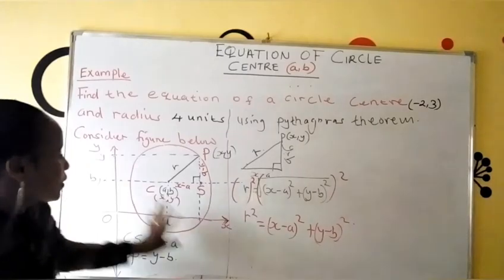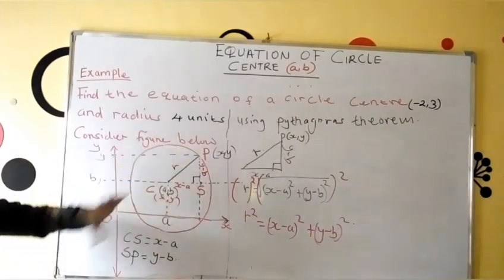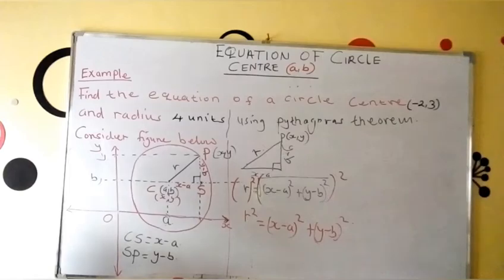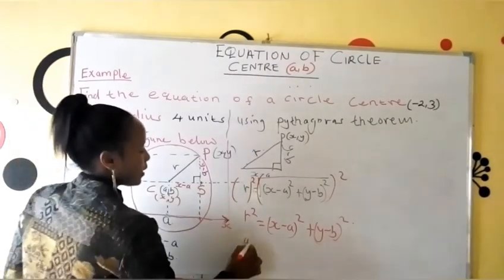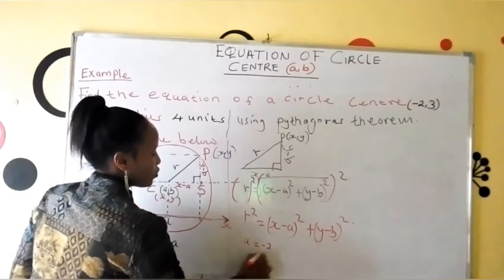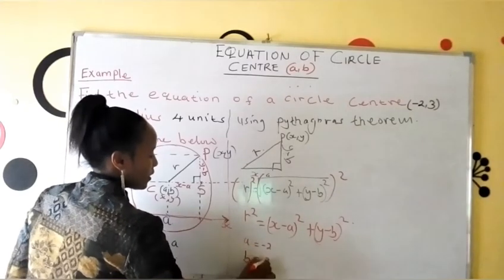So now we are just going to substitute because we have everything. In this case, our a is -2 and our b is 3.